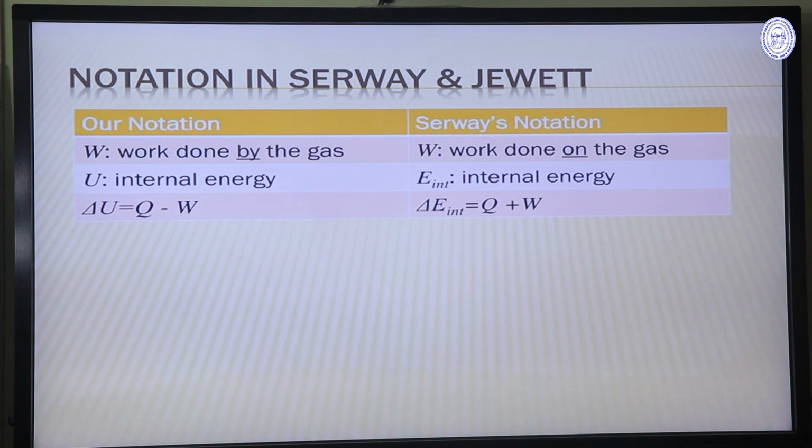One is the Survey notation and one is the common one, the Jewett notation, where if we consider the work done by a gas, that is by the system, internal energy is denoted by delta U. So the equation will be delta U is equal to Q minus W. And if the work is done on the system, then the internal energy, if I refer to it as E, the work done will change into positive.